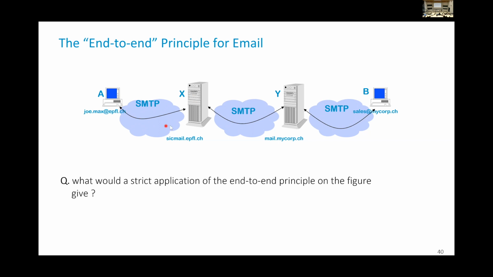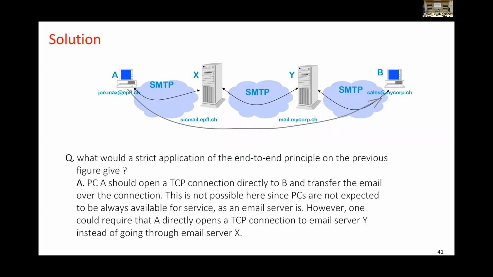So that's one of the examples where, what would a strict application of the end-to-end principle mean? Well, it would mean that we send directly here a TCP connection from host to host, but there are even reasons for this not to be a good idea, primarily because the end host is not expected to be on and working at the time.